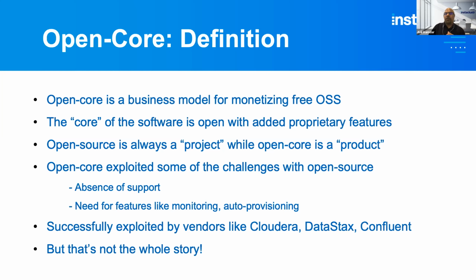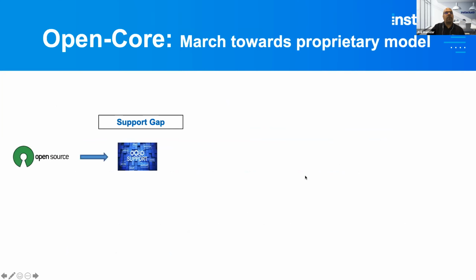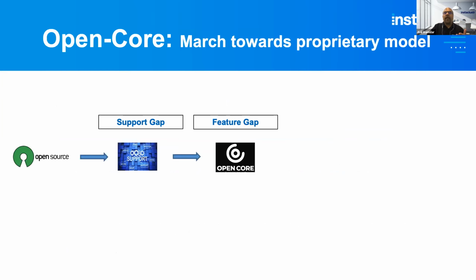But that's not the whole story. Let me go to the next slide, and that'll clarify what I'm saying. So I believe that open core is continuously marching towards the proprietary world. So first, the support gap is exploited, then the feature gap. And finally, the delivery model is changed to provide serverless or cloud-based solutions.